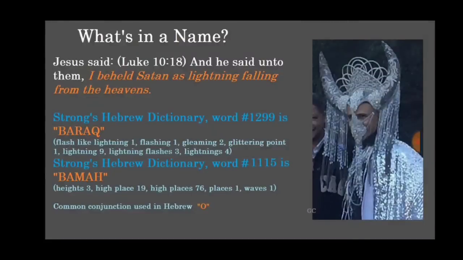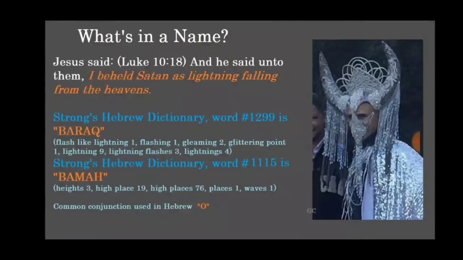Barack Obama. Of course, his name comes from what Jesus said in Luke 10:18. He said, I beheld Satan as lightning falling from the heavens. Okay, so a lot of you that don't know, that comes from Hebrew.